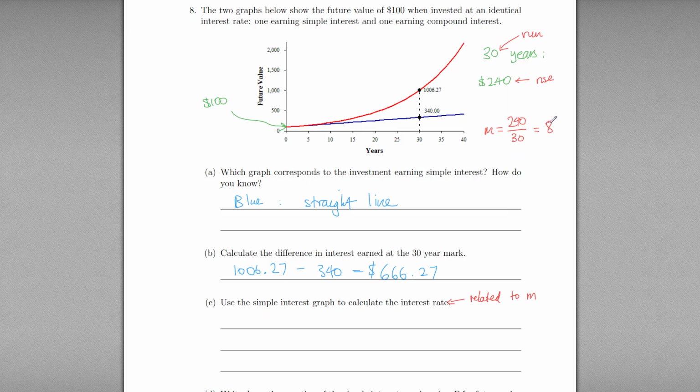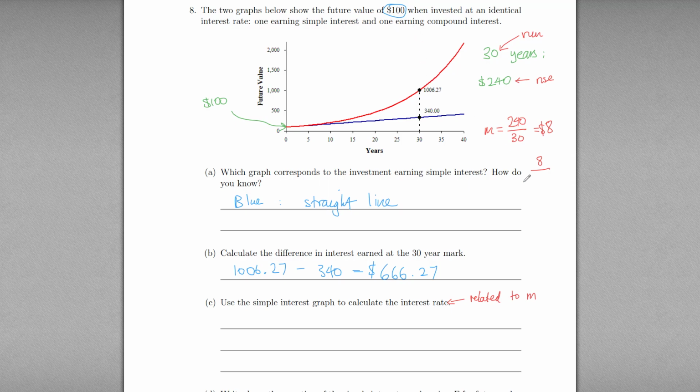Okay, now 8 wouldn't automatically be the interest rate. I said it's related to the interest rate because 8 is actually not a percentage. 8 is a flat amount of money that is being earned in interest every single year. So the last step really should be to look at this flat amount of interest earned, 8, as a fraction of the initial amount, okay, of this initial $100.